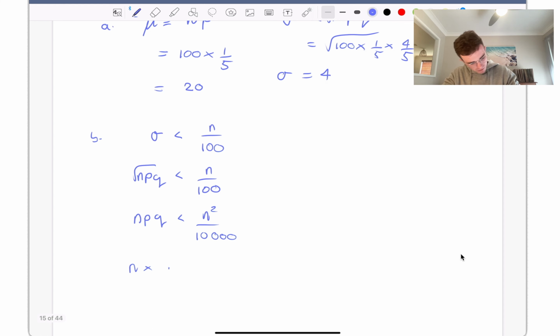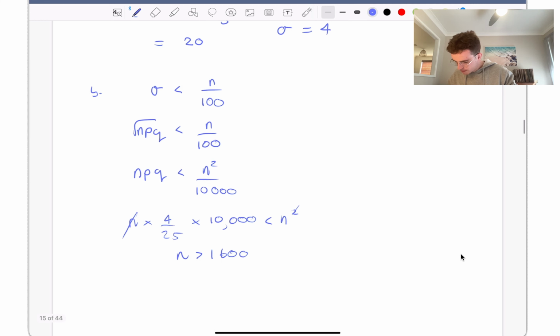So n times 4 on 25, and I might times the 10,000 up there, is less than n squared. Now we can cancel an n and say 4 on 25 times 10,000 is 1,600. So that means n is greater than 1,600.